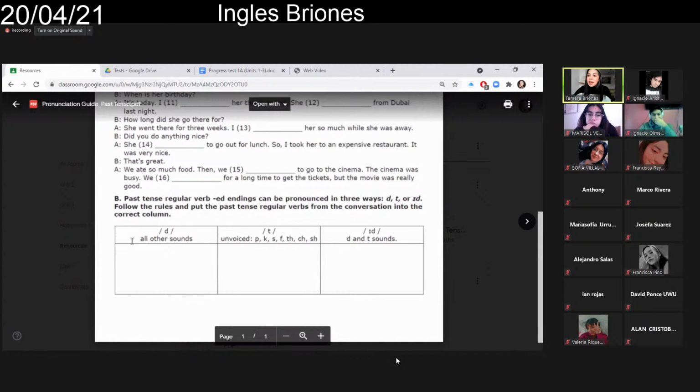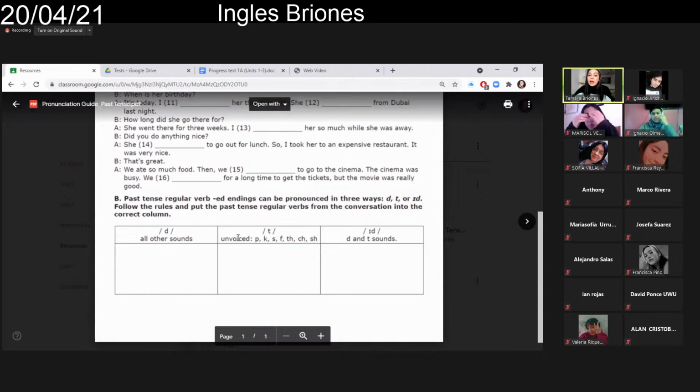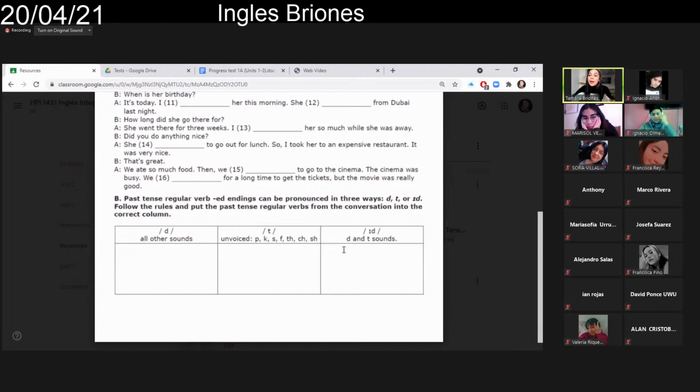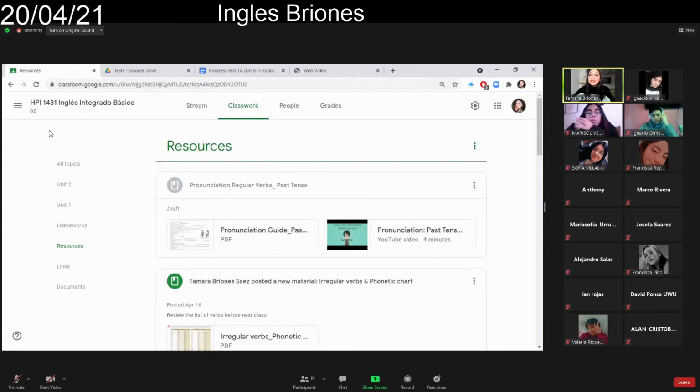The sounds that end in D, like the unvoiced, and the ones that you add an extra syllable. But remember that this is about sounds. This part of the pronunciation has to do with the sounds that end the word.